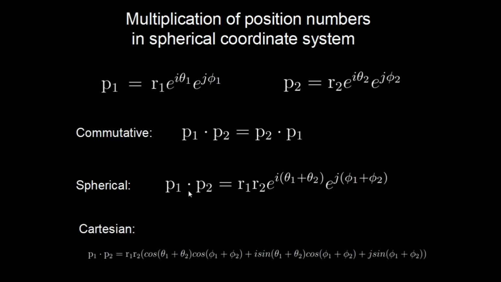Here is the multiplication result for the two position numbers. The result is a new position number in spherical coordinates. Using the previously obtained transformation formula, the multiplication result can be transformed back to Cartesian coordinates. The result is this formula.